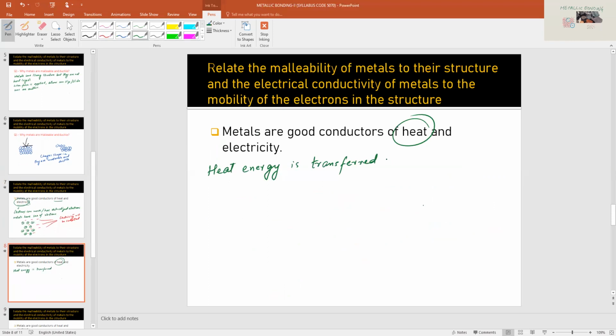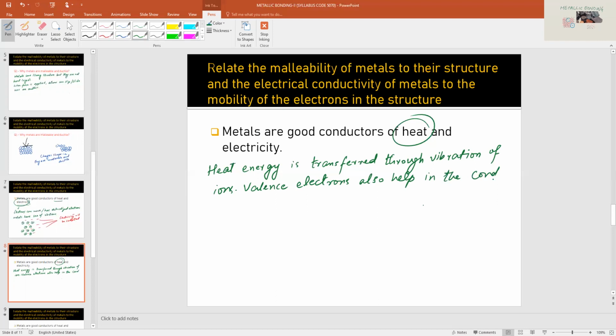Valence electrons also help in the conduction of heat. Now this can also be illustrated through diagrams.